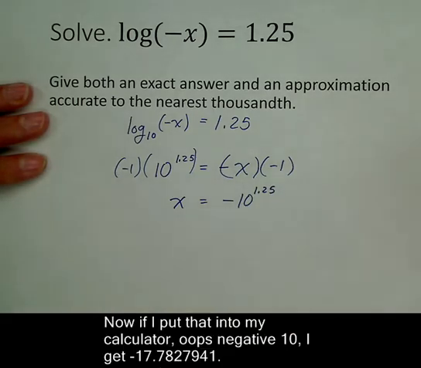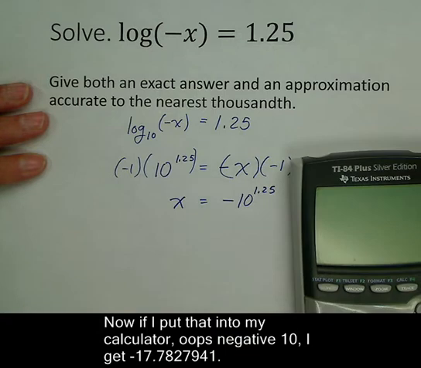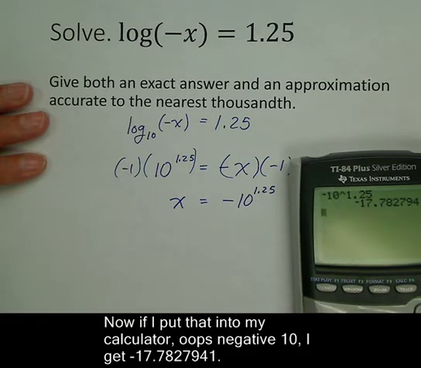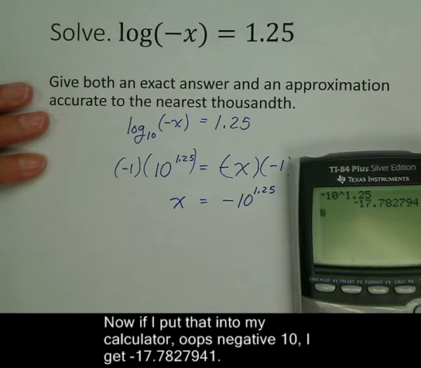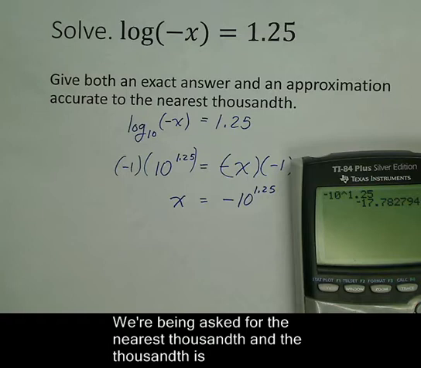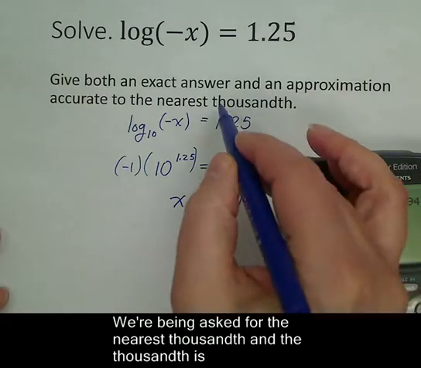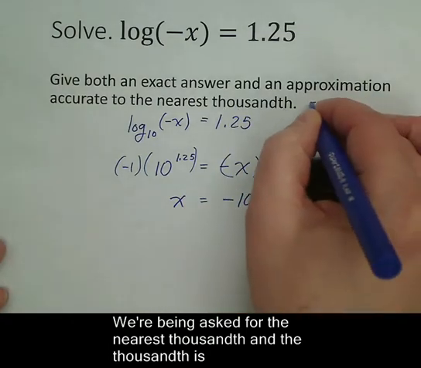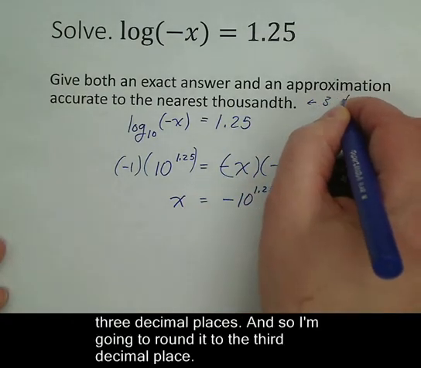Now if I put that into my calculator, negative 10 to the 1.25, I get negative 17.7827941. We're being asked for the nearest thousandth, and thousandth is 3 decimal places.